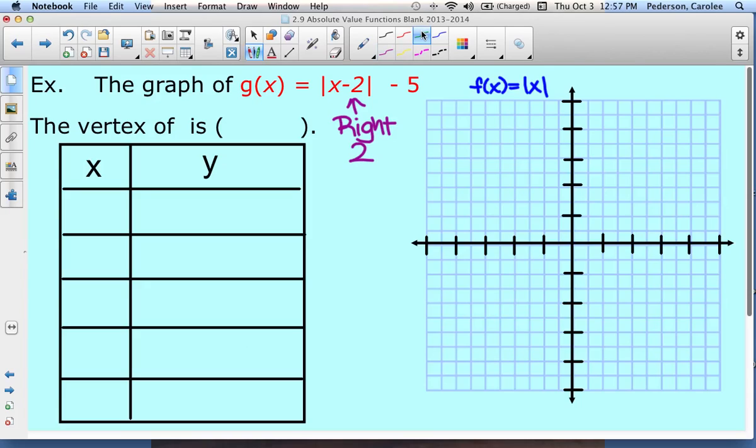And then this piece here is outside the function, at the end, so we're going to go down 5 units. So we're going to start at the origin, go right 2, and then down 5. And that ordered pair is our vertex: over 2, down 5, and that's our first ordered pair, which we call our vertex.